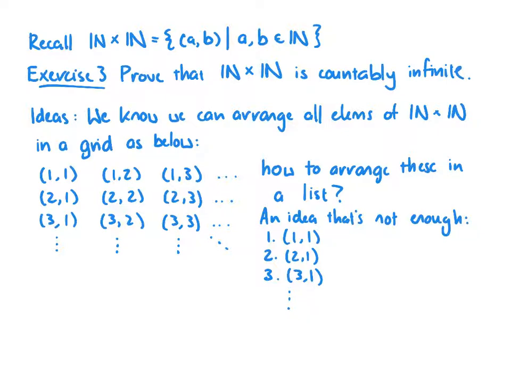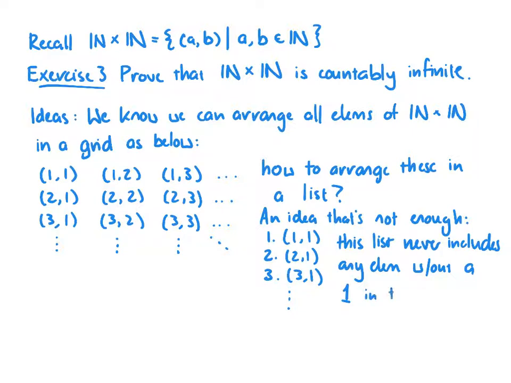So this list never includes any element that doesn't have a 1 in the second coordinate or component.